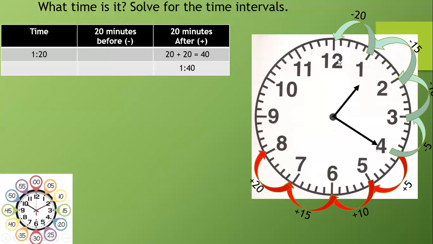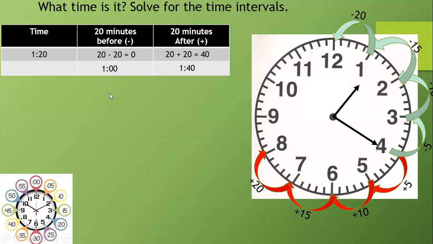Now, boys and girls, our minute hand has moved to the 12. So that will put us at, if we look down here, 1 o'clock. Using subtraction, we could have said 20 minus 20 equals 0, meaning we have no more minutes. So that puts us at 1 o'clock.